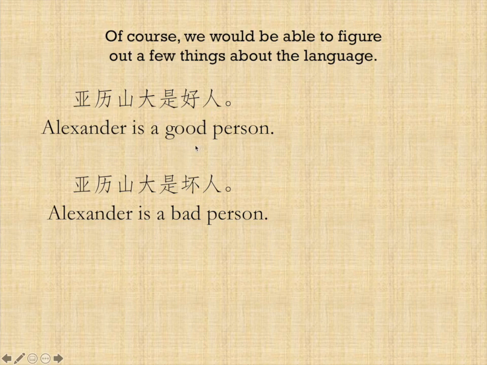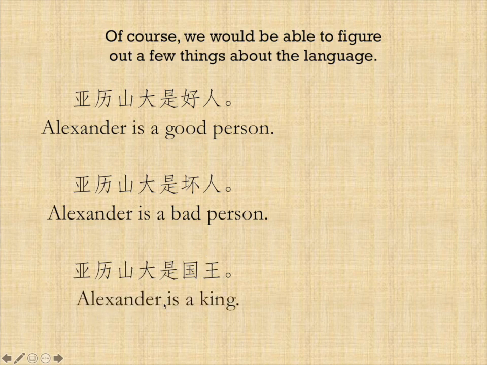So now we see another example. We recognize Alexander. We recognize this character. We're not really sure what it is. And here are two new ones. And we have the translation, Alexander is a king. And so now we know that this must be is, and this must be person, and these two must be king.